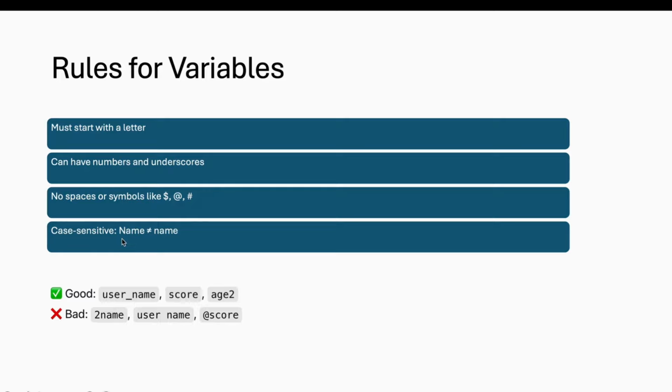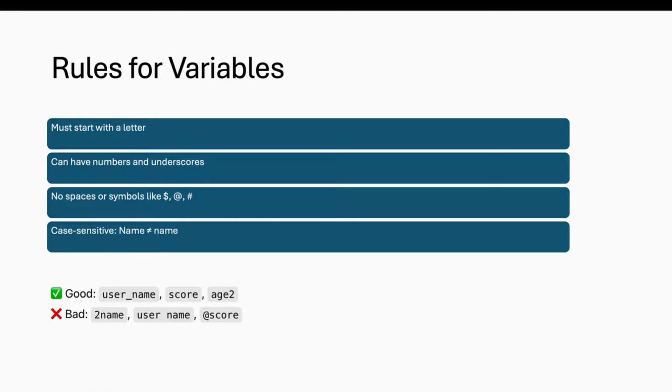So if you compare Name with name, they are not equal, because the first has the starting letter n in capital and the other has it in small. Python is a case sensitive language. Below are some good and bad examples of variables that you can create.